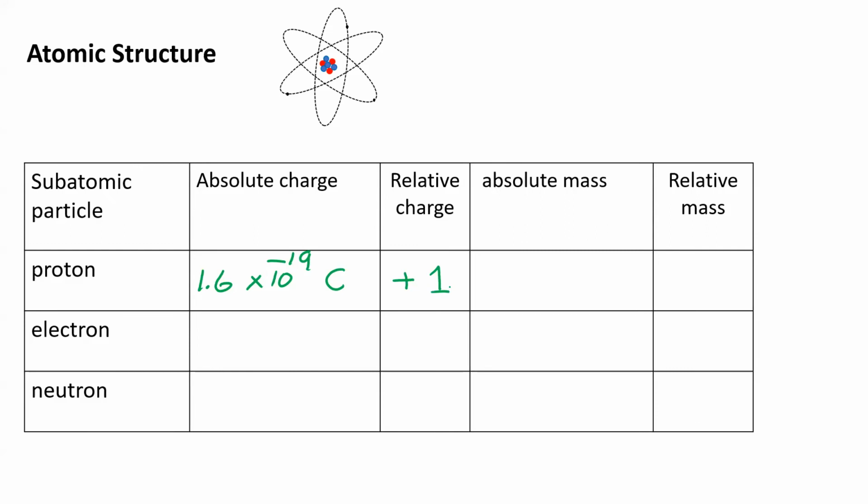And then the absolute mass of the proton is 1.67 × 10^-24 grams, and the relative mass is 1. And for the electron, you can see that the electron and the proton have the same absolute charge value.